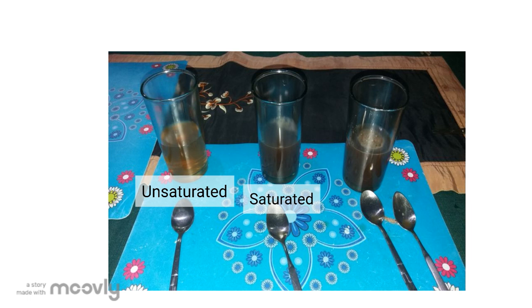The amount of solute is proportional to the amount of solvent. Lastly, the third glass is known as the supersaturated solution. It contains a greater amount of solute than the solvent. This is the reason why the color is darker than the saturated solution or the second glass.